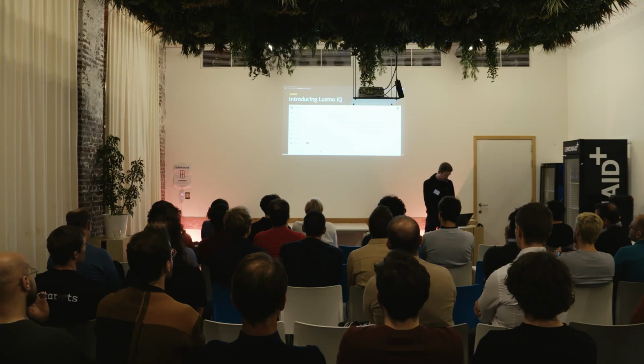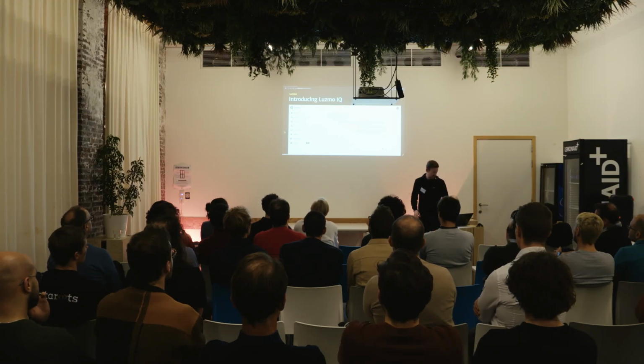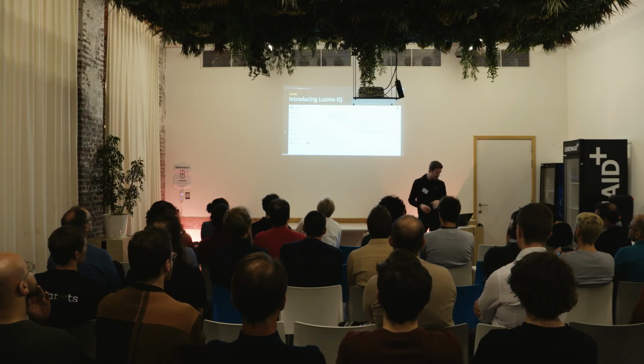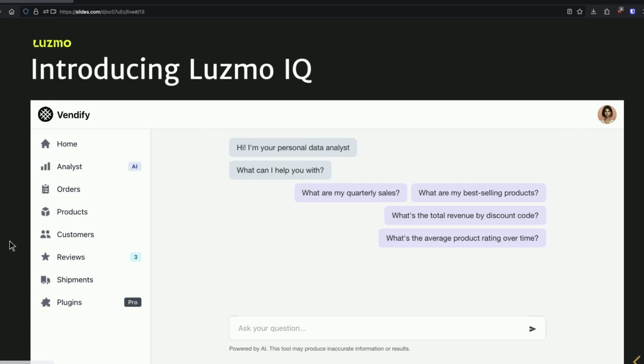So how are we translating it into new features? This is something that we are going to launch on Thursday. This is a new product that's coming out called Luzmo IQ. And the idea is that it's a data assistant that you can use standalone, but also embed within your products.